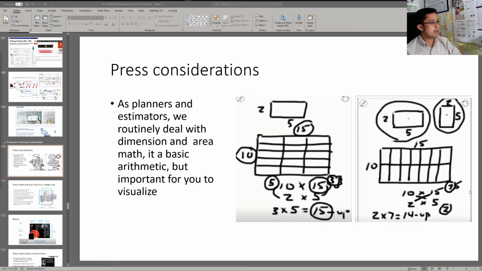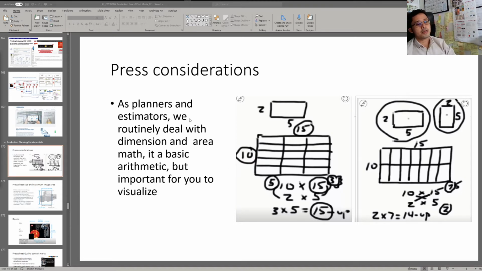Because we need to plan our work. As a planner and estimator in a print production environment, we're going to use a formula, a dimension, and area mathematics. Very simple, straightforward, a basic one, to calculate the size, to calculate the materials that we are going to use.